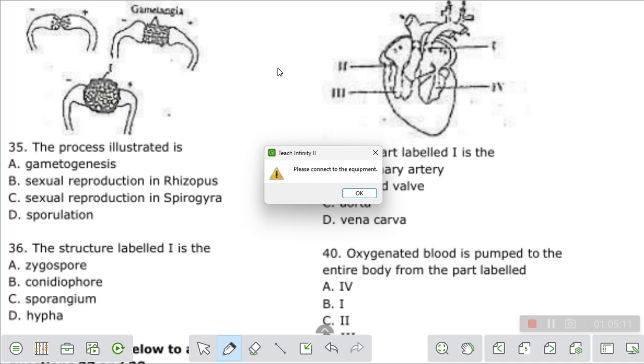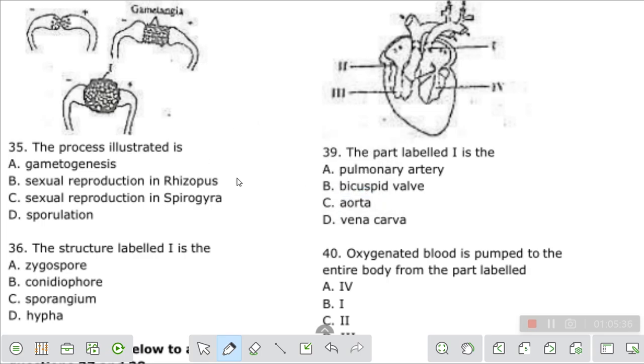So the structure labeled I is what? Is it the zygospore? Is it the conidiophore? Is it the sporangium? Is it the hypha? So what's the answer?